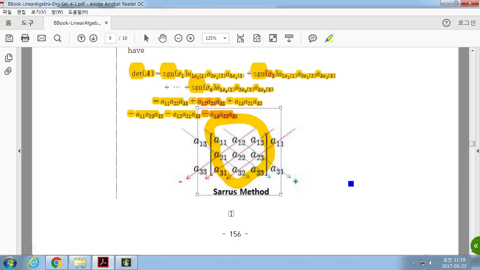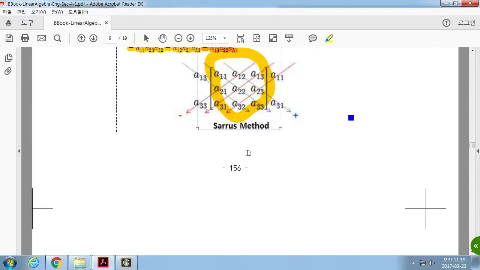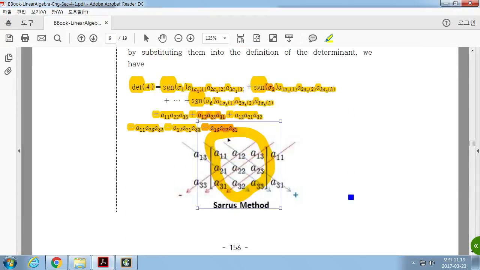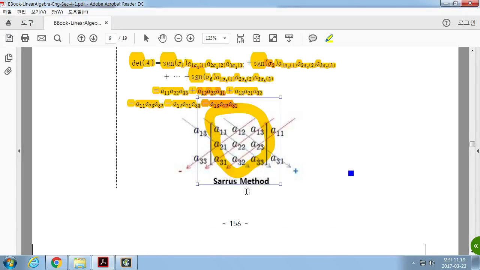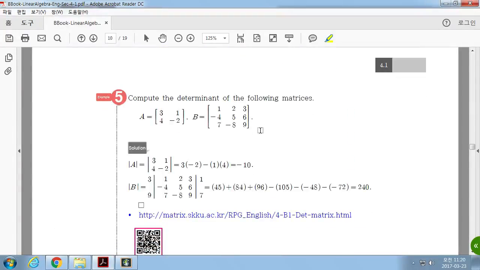So we have 3 positive terms and 3 negative terms, so 6 terms in total. So Sarrus found this easy way to find the determinant of 2 by 2 and 3 by 3 matrices. But that does not work for larger matrices. It only works for 2 by 2 and 3 by 3 matrices. That's the method.